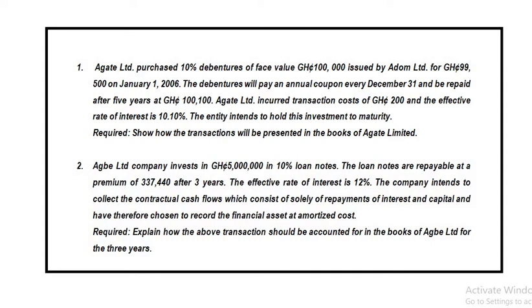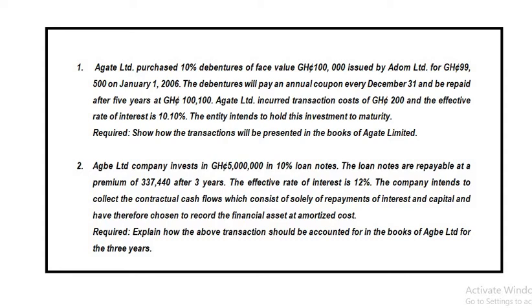The company intends to collect contractual cash flow, which consists solely of repayment of interest and capital, and has therefore chosen to record the financial asset at amortized cost. So in this question, that is one of the conditions for you to amortize: the cash flow characteristics test. We didn't see the business model test, but since they have already told us it is held at amortized cost, we go by what they say.